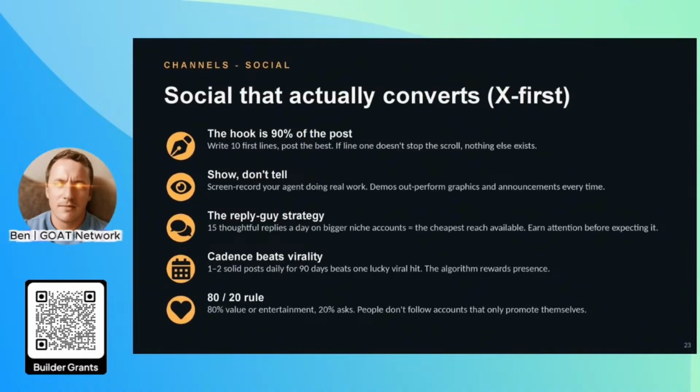The hook, they say, is 90% of the post. So write 10 first lines and publish the best one, because that hook is what's going to get people reading. I know that sounds overkill, and this is something AI can help you with too. But if that first line doesn't catch attention, then nobody's going to read the rest of the post.